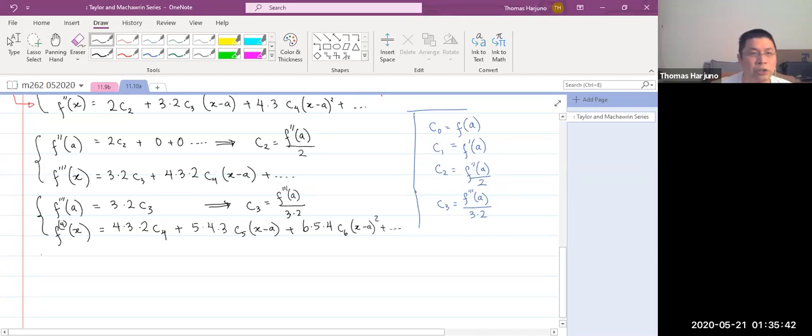If you replace x by a, you will get 4 times 3 times 2 c4, which implies the coefficient for (x minus a) to the 4th will be the fourth derivative at a over 4 times 3 times 2.